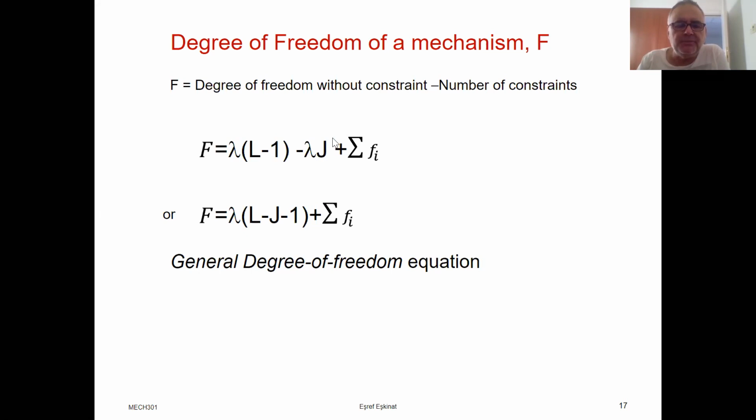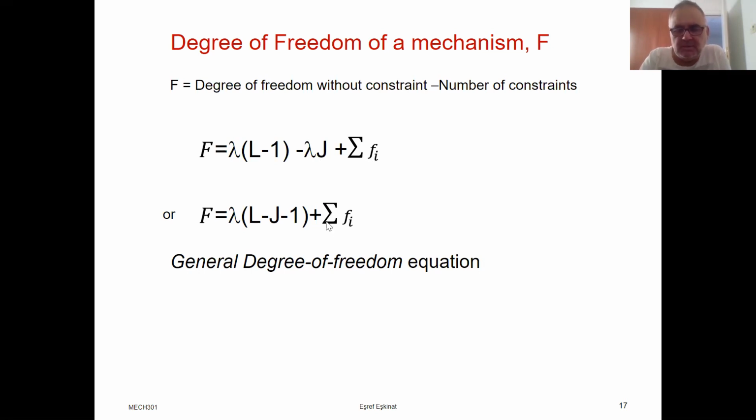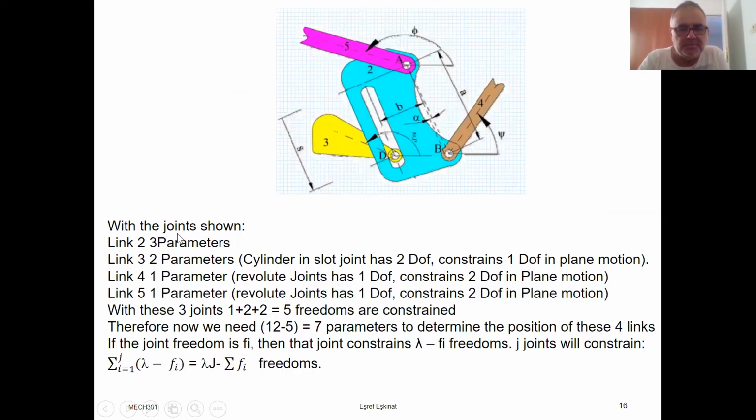Then the number of joints, lambda times j, plus the sigma fi, summation of the degree of freedom of each joint. Remember from the previous page, we said that if the joint freedom is fi, then that joint constrains lambda minus fi freedoms.